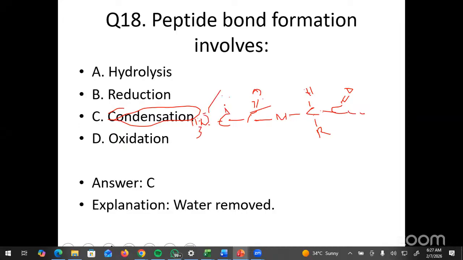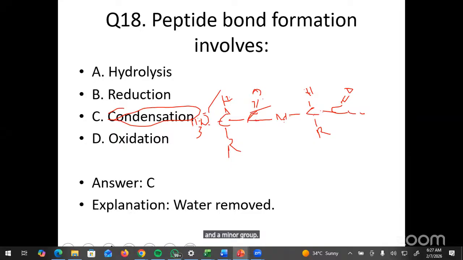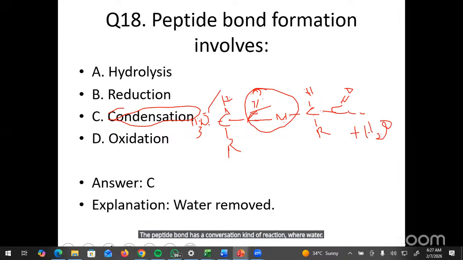This is another amino acid. So the bond between this carbon and this nitrogen, the carboxylic carbon of one amino acid and the amino group of the second amino acid, is called the peptide bond. And it's a condensation reaction where water is produced as a byproduct.